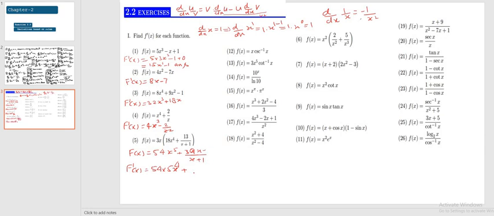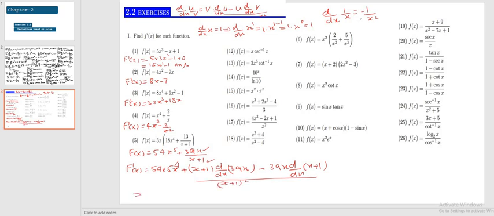Just assume this is u and this is v. So v, and d/dx of 39x minus 39 d/dx of x plus 1, divided by x plus 1 power 2.